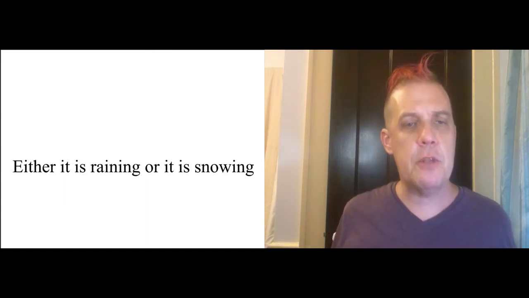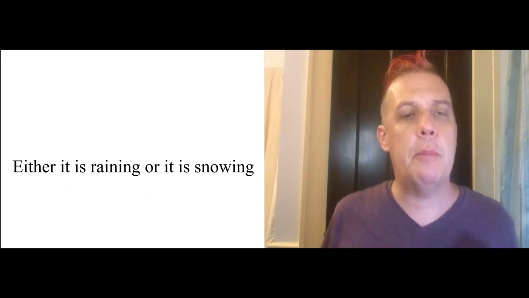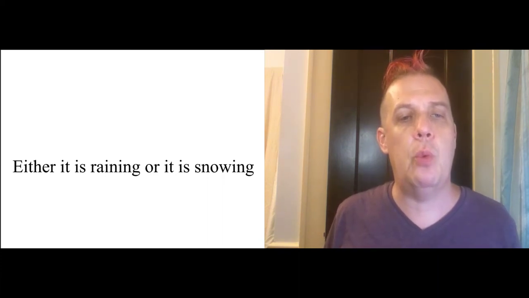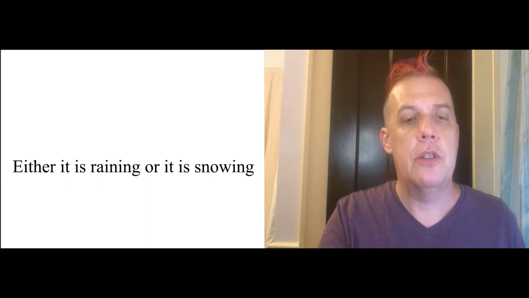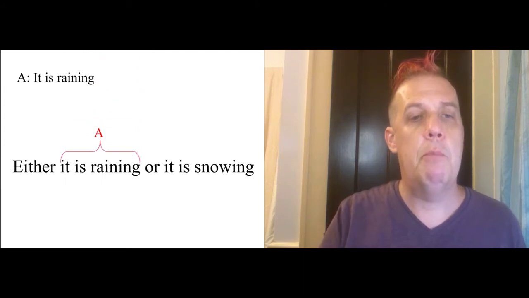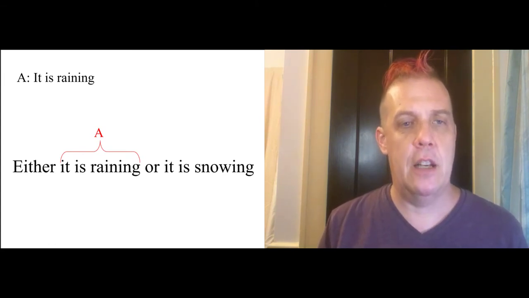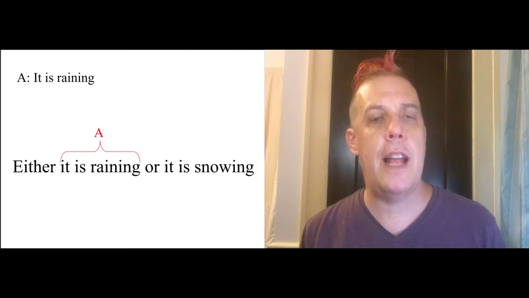But let's just first begin by thinking about what it means to replace aspects of ordinary English with symbols. So what we're going to do is we're going to start by taking this sentence, "It is raining," and replace it with the letter A.